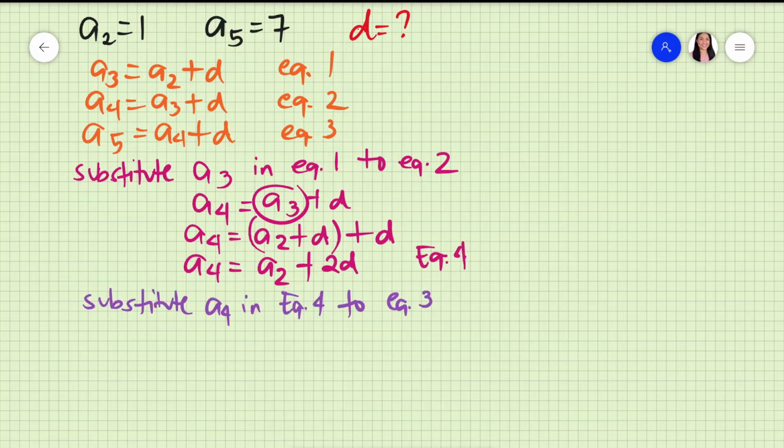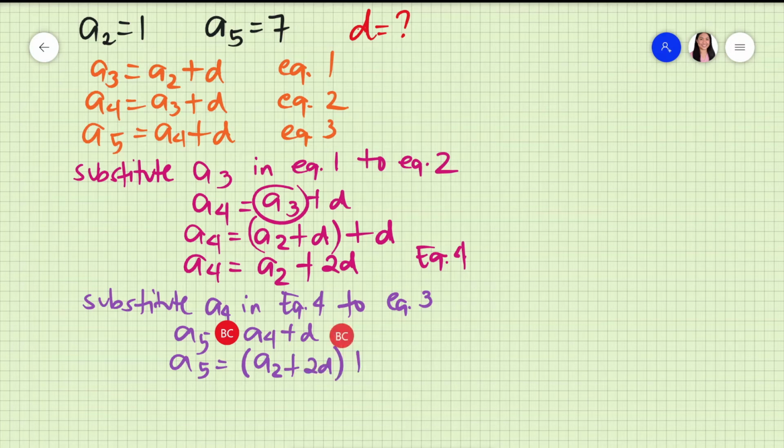Next is substitute a sub 4 in equation 4 to equation 3. And this will become a sub 5 is equal to a sub 4 plus d. Next, substitute the a sub 4 from equation 4, which is quantity a sub 2 plus 2d.